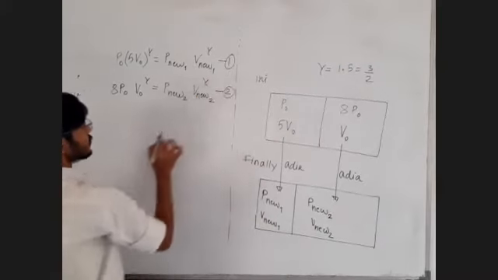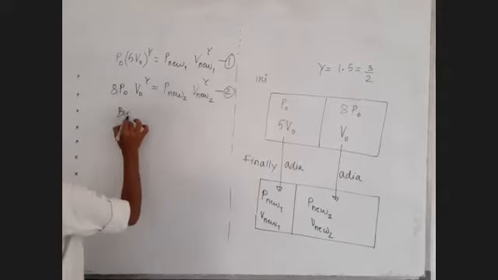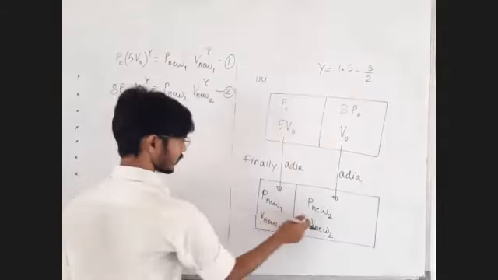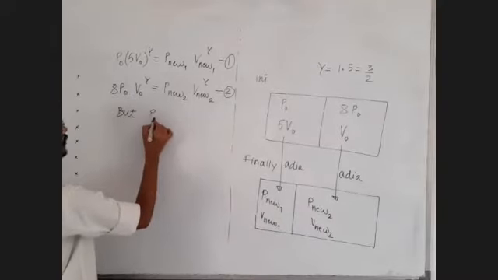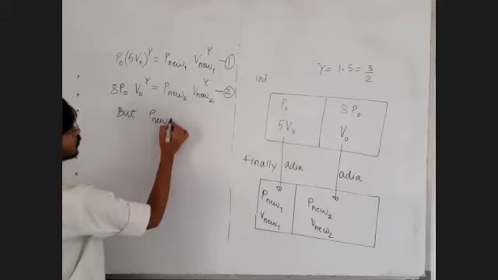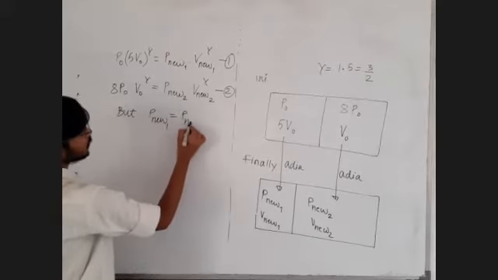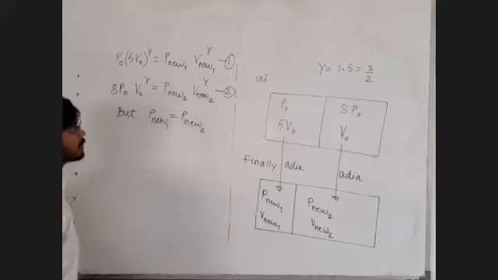Call this equation number 2. But we know that finally the pressures are going to be equal, only then the piston is going to stop. So P nu 1 and P nu 2, the first compartment and second compartment pressures, are ultimately going to be equal.